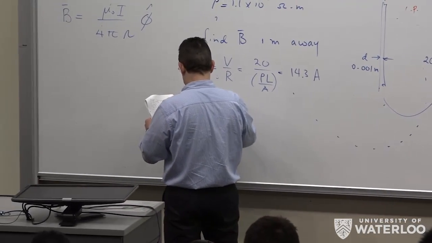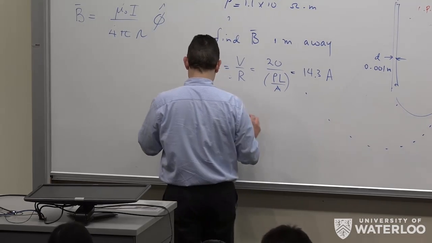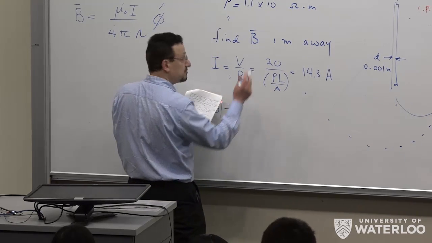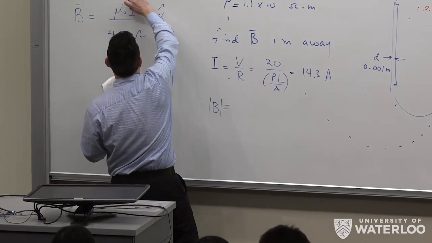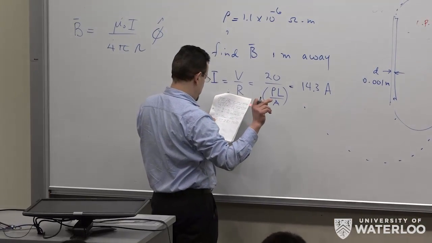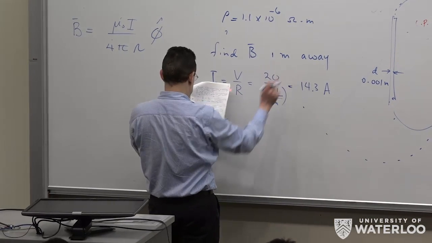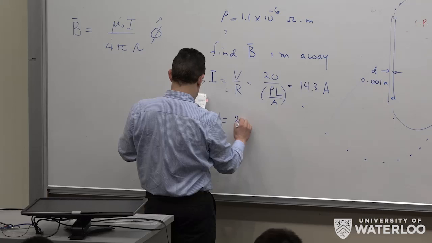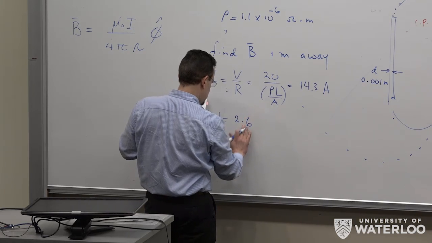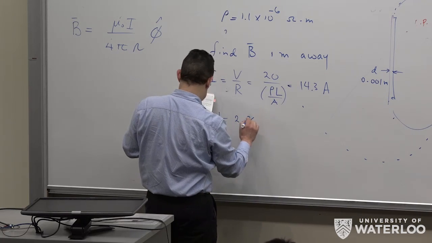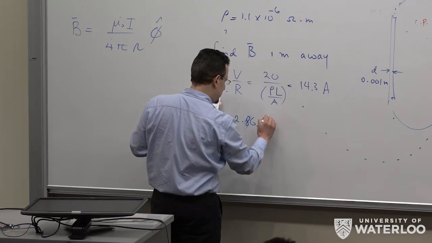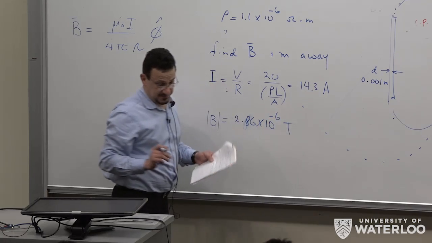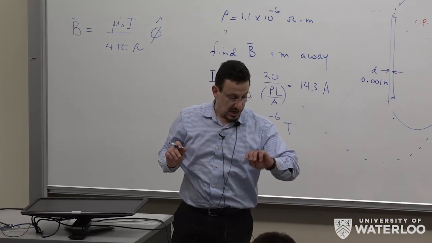So I end up with the magnitude of B. We put all the numbers into the final answer, which is right here. For 1 meter away, B will be 2.86 times 10 to the minus 6 Tesla. Is that high or low?